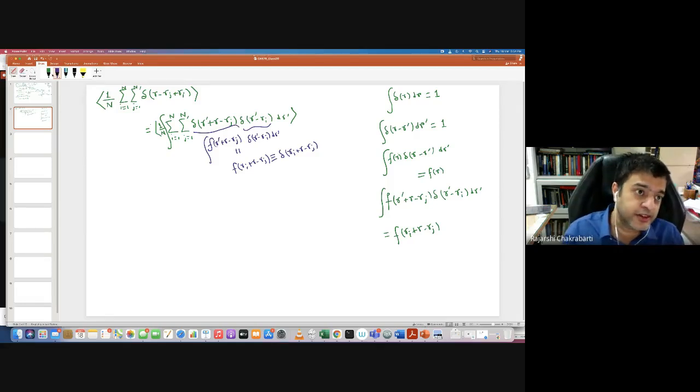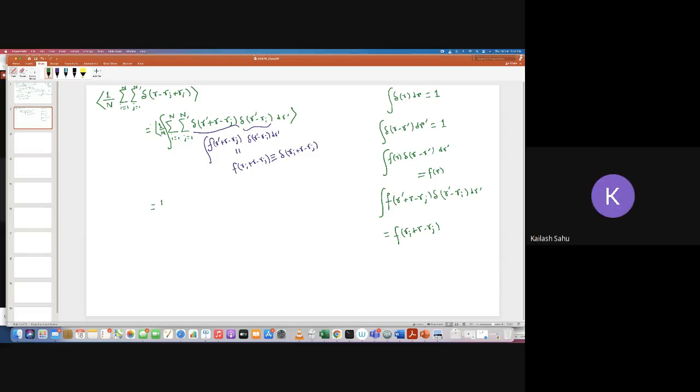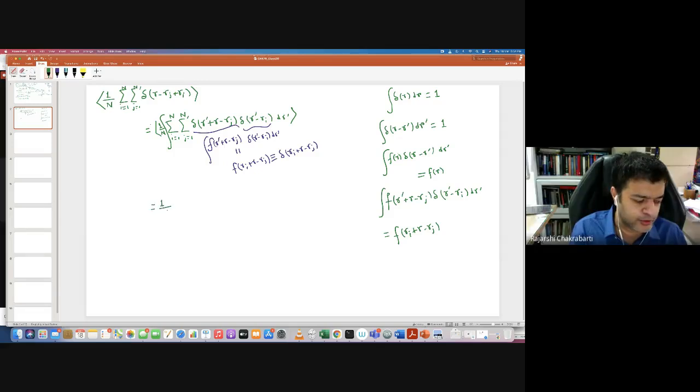Now, if I use this trick, what is advantageous here? The advantageous thing is here is 1 over n. Look at it, what is there in the integral? Other than the integral, this is 1 over n, and then I have this.